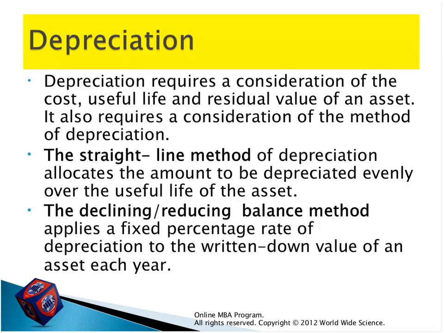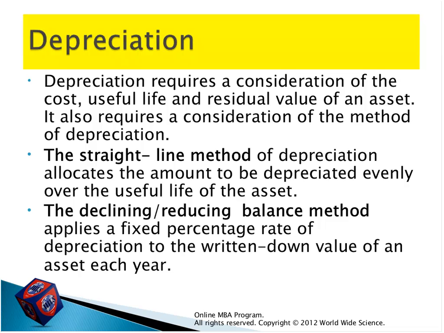In the straight line method, to find the depreciation cost, we take the cost of the asset, for example a motor vehicle or a car, and we allocate this amount over the useful life of this car. Then we can find what depreciation cost we get.